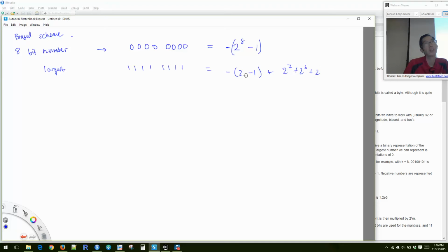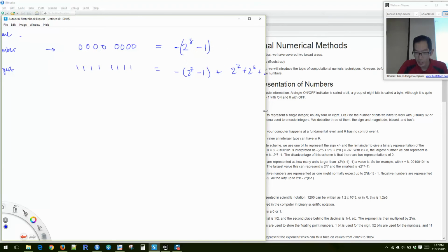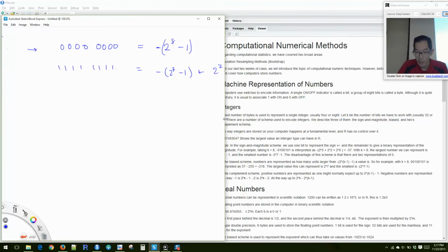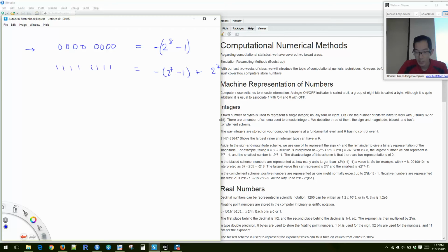This needs to be 2 to the 7 minus 1, plus 2 to the 5 plus 2 to the 4, et cetera. I'm sorry, let me just double check all of my math here.